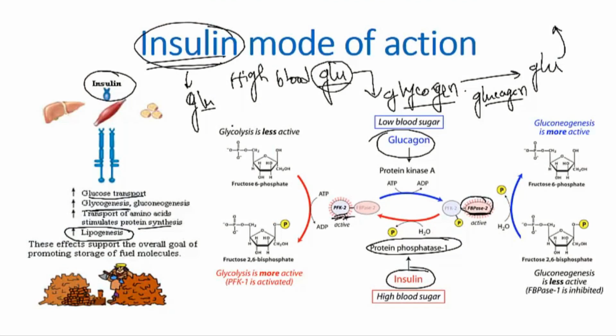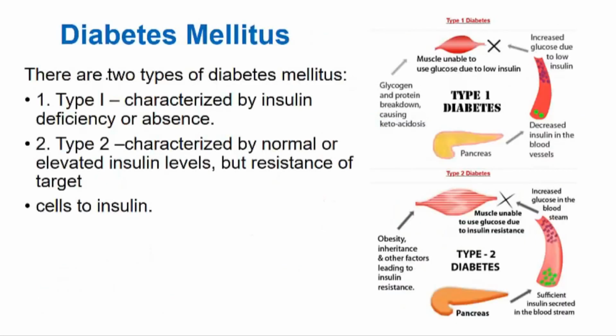So that is the reason the concentration of insulin plays a vital role in our body. Now if there is a problem with the production of insulin, that can create different conditions and diseases, and that disease is known as diabetes mellitus, and that's what we are going to talk about now.